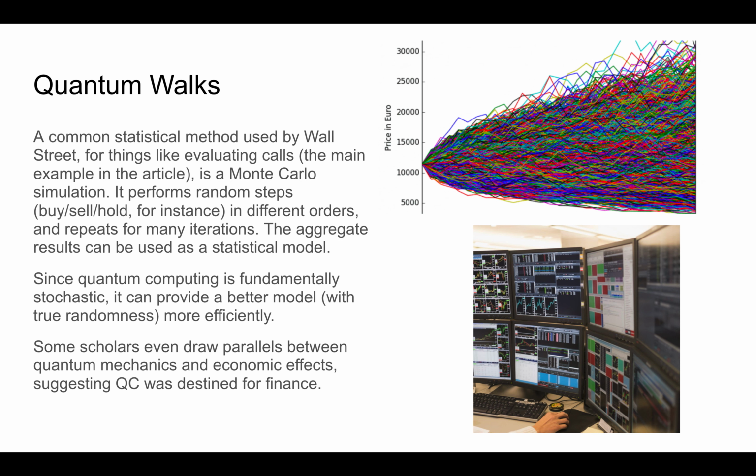So they'd have a Monte Carlo simulation, which you could also call a random walk. Basically, at any moment in time there are different ways the stock could go, different steps it may take.